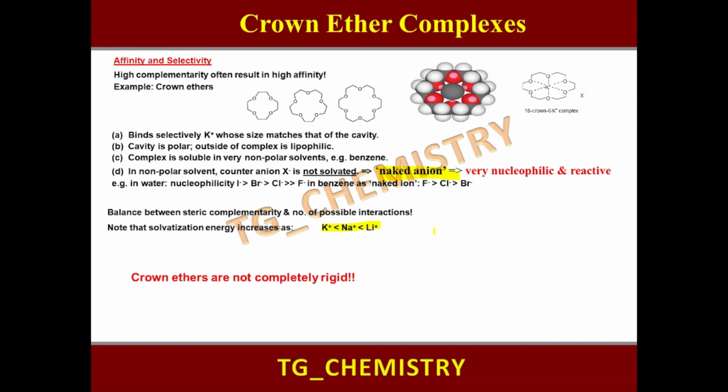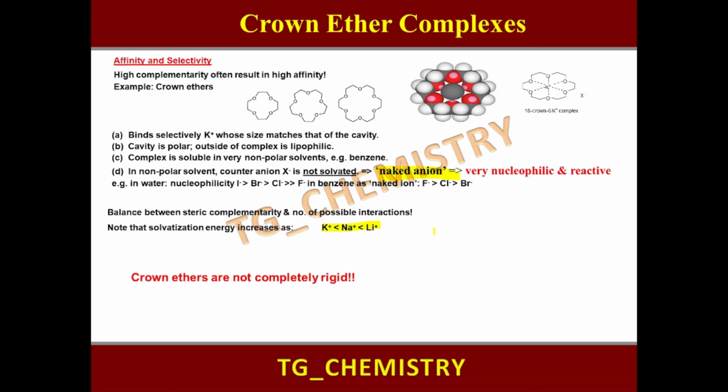From there we can say that crown ethers are not completely rigid, because a couple of slides back we talked about the cryptands, which are a three-dimensional, a little bit more rigid version of the crown ethers. So crown ethers are not that rigid compared to the cryptands.